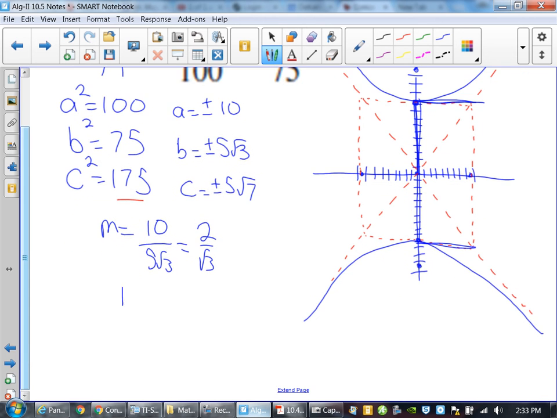So our slopes are both plus or minus 2 root 3 over 3, which gives us both equations. Your asymptote equations are y equals plus or minus 2 root 3 over 3 times x. Not the nicest slope in the world, but that's what it is.